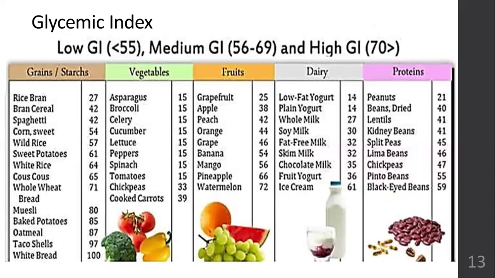So these are the fruits and vegetables which come under different glycemic index categories. A number is given adjacent to each of those fruits, vegetables, cereals, and all.